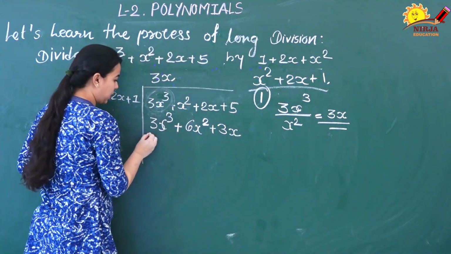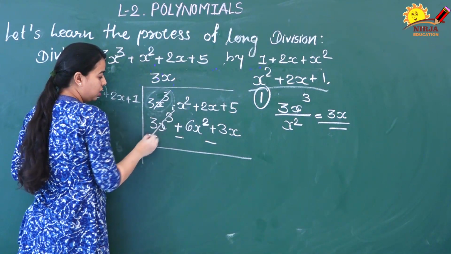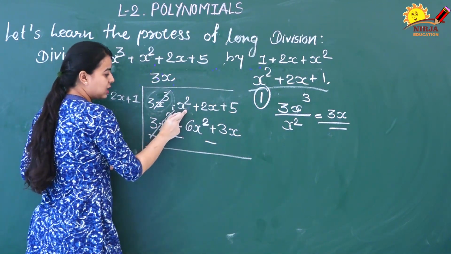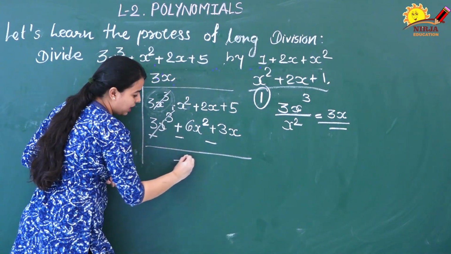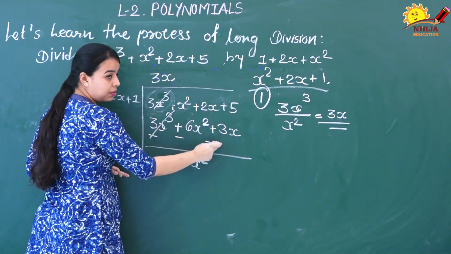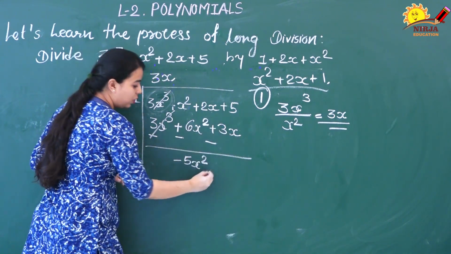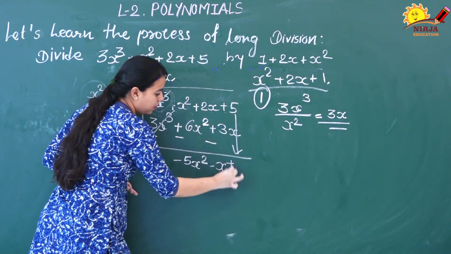Now let's do subtraction. This term is going to be cut, plus and minus. x square minus 6x square will be minus 5x square. 2x minus 3x will be minus x, and plus 5 we take from here.